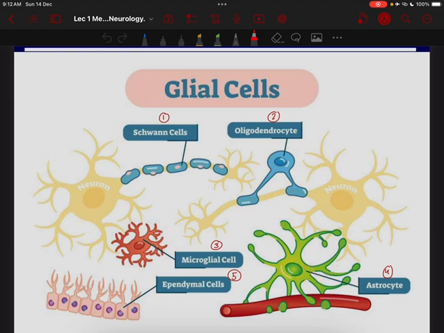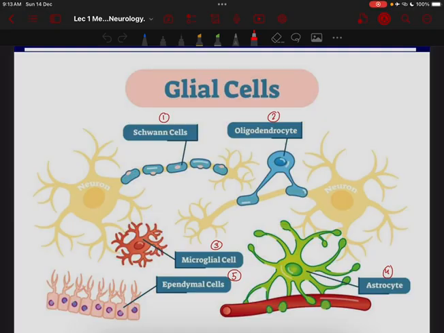Also, we have another glial cell, the oligodendrocyte. Its function is the formation of the myelin sheath, the covering of the axon of the neuron. This is the body of the neuron, and this is the axon. The axon is covered by the myelin sheath, which we'll discuss later on.